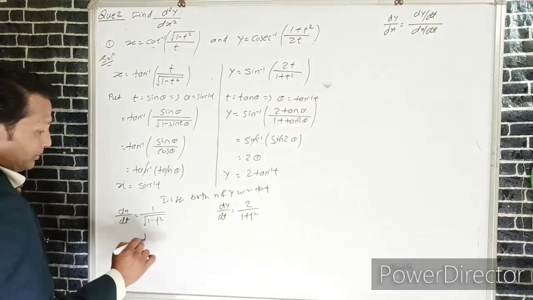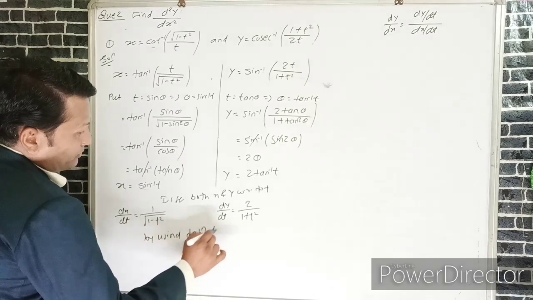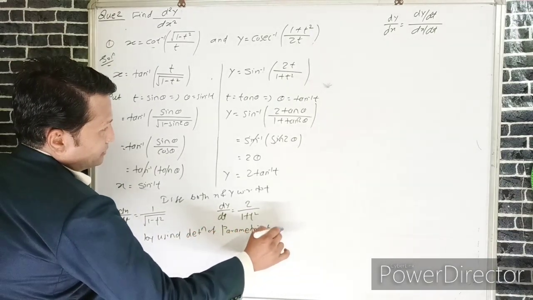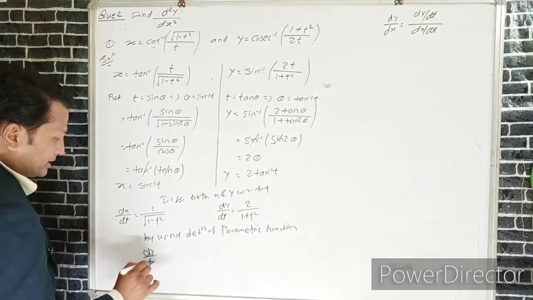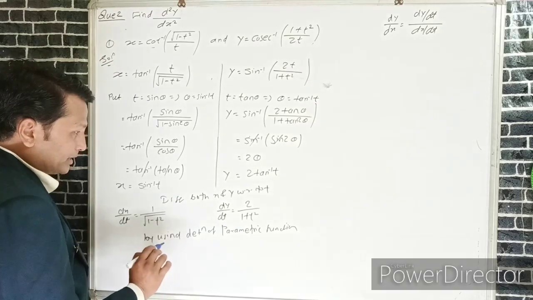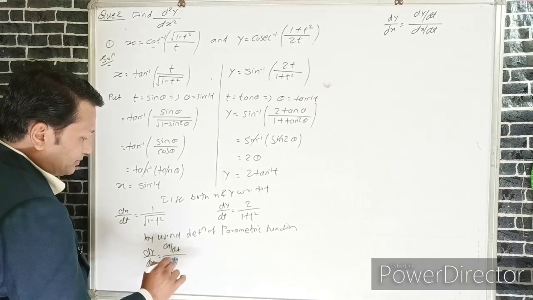Here, by using the definition of a parametric function, we can write dy upon dx equals dy by dt upon dx by dt.